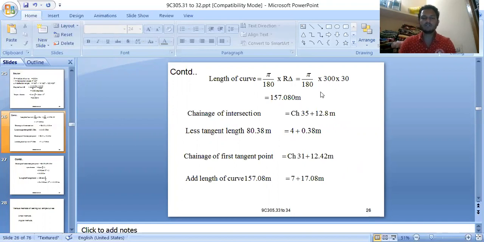Everything else is given in the problem itself. If you calculate, you will get 157.08 meters. Chainage of intersection is given as 35 chains plus 12.8 meters, which means 35 into 20 plus 12.8 meters, less tangent length.